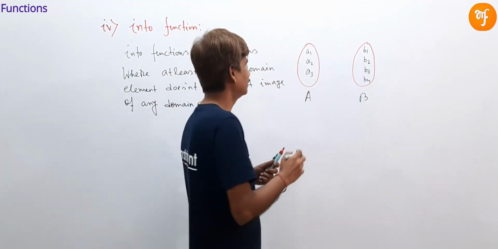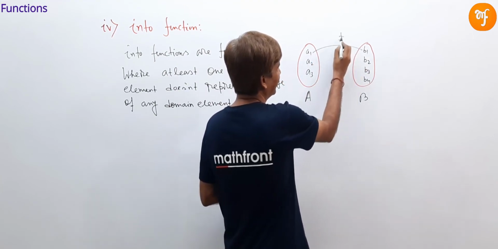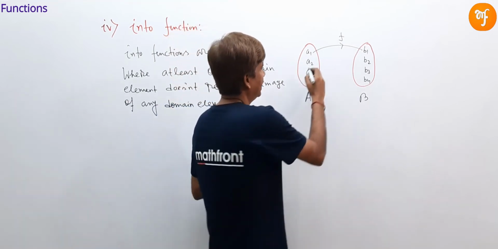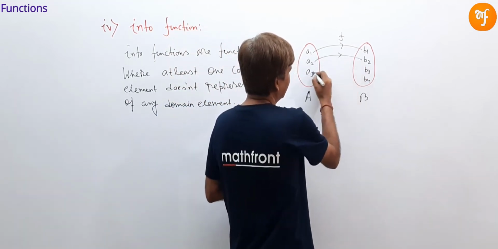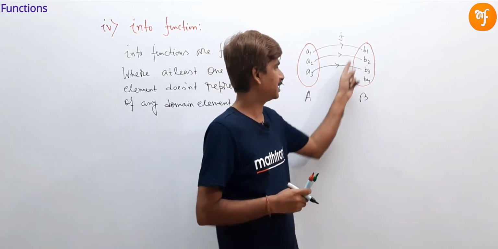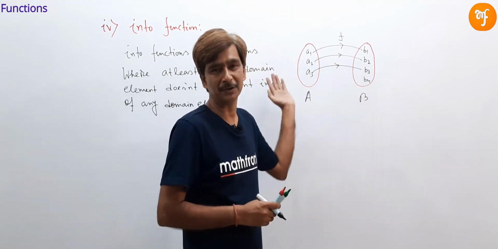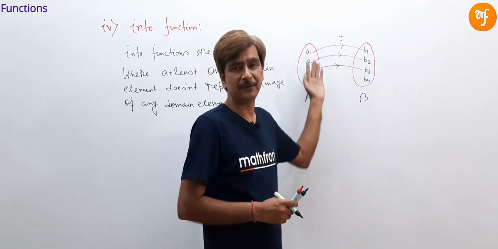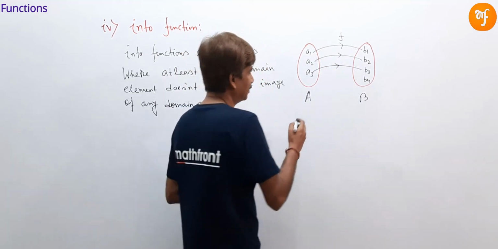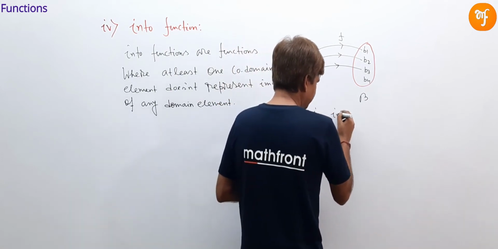Okay, now if A1 has F image B1, so F is the relation as well as a function, A2 has F image B2 and A3 has F image B3, then there is an extra element in the codomain which is B4, which does not represent the image of any domain element. So here the function F represents an into function. Okay, so please write down F is into function.